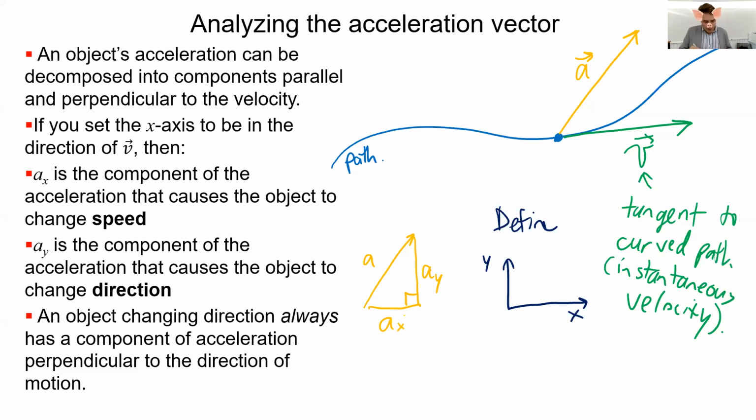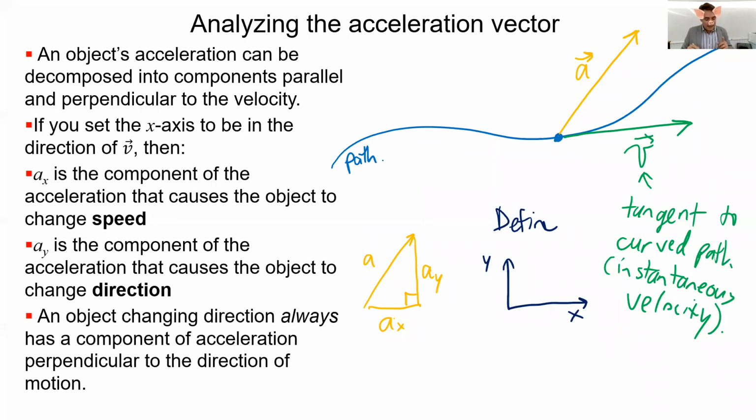The A sub X is the component of the acceleration that causes the object to speed up, or if it was angled backwards, with a component that's negative to the velocity, it would be causing it to slow down.